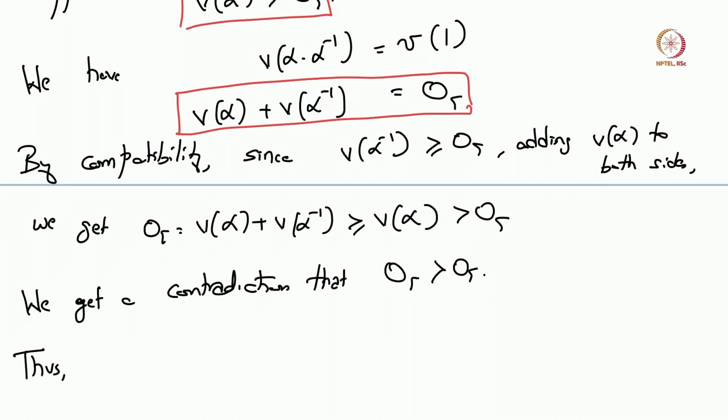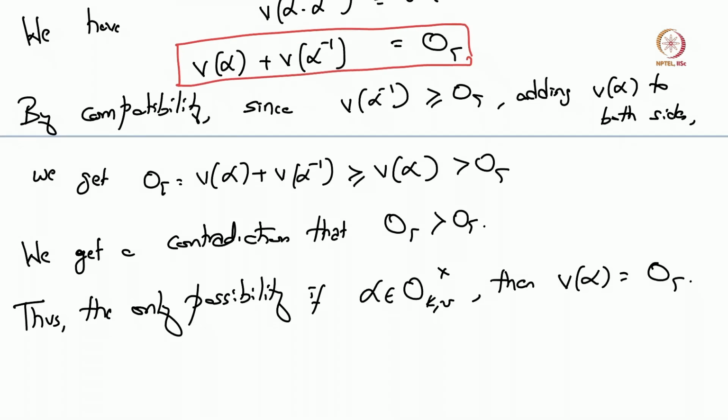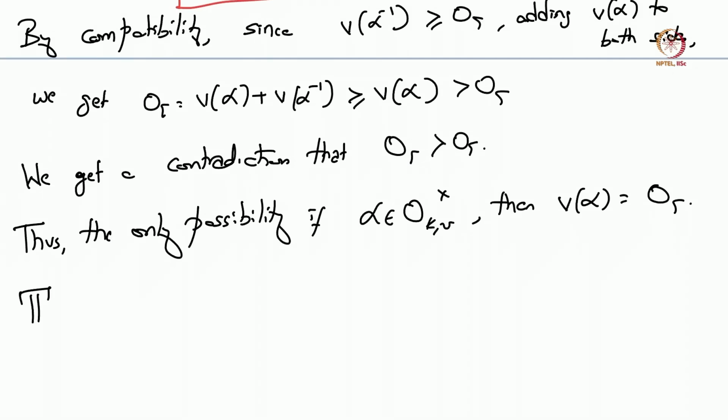Thus, the only possibility, if alpha belongs to the units of the valuation ring, is that its valuation must equal the identity element of gamma. Okay, so this proves the proposition.